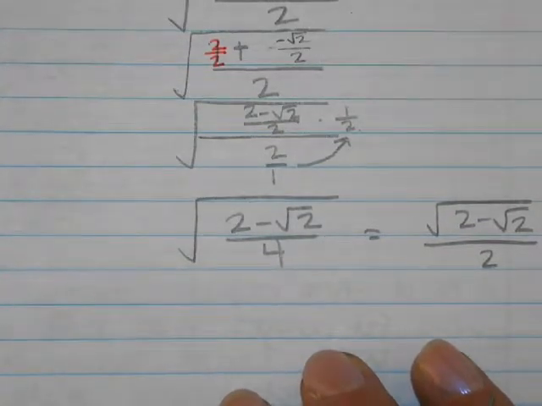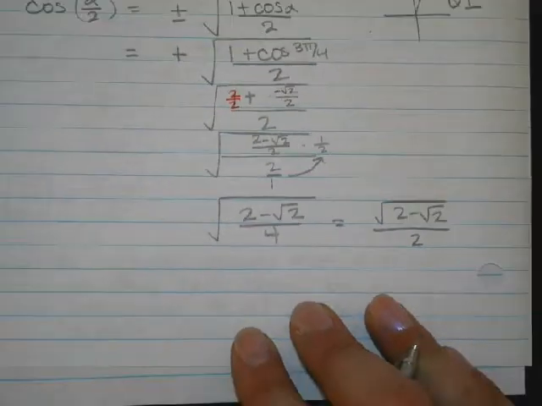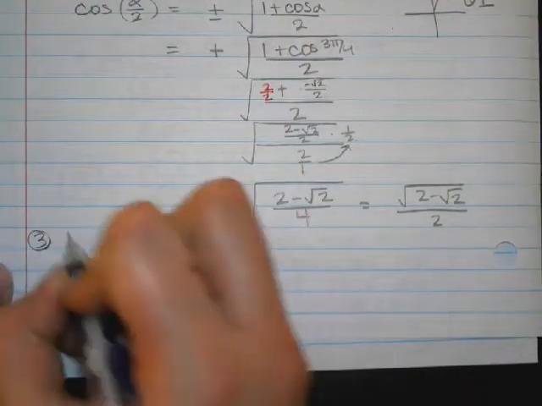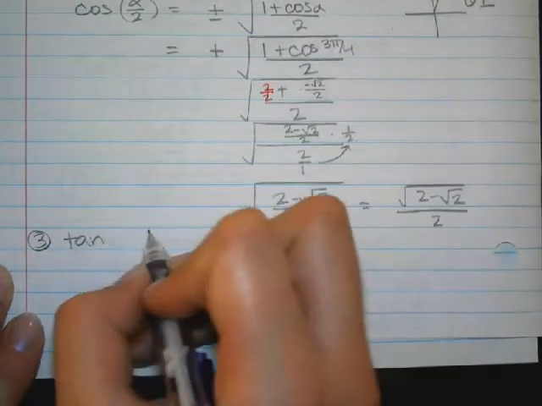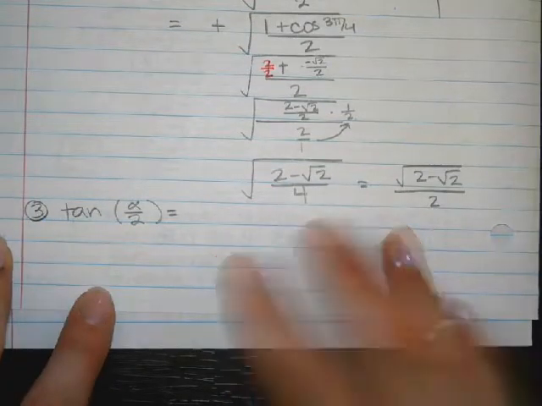All right. Are we good with that part? Yeah. And we do want to do tangent. We are almost done. So tan of alpha over 2. We had 3 options. We're going to go ahead and use the last one.